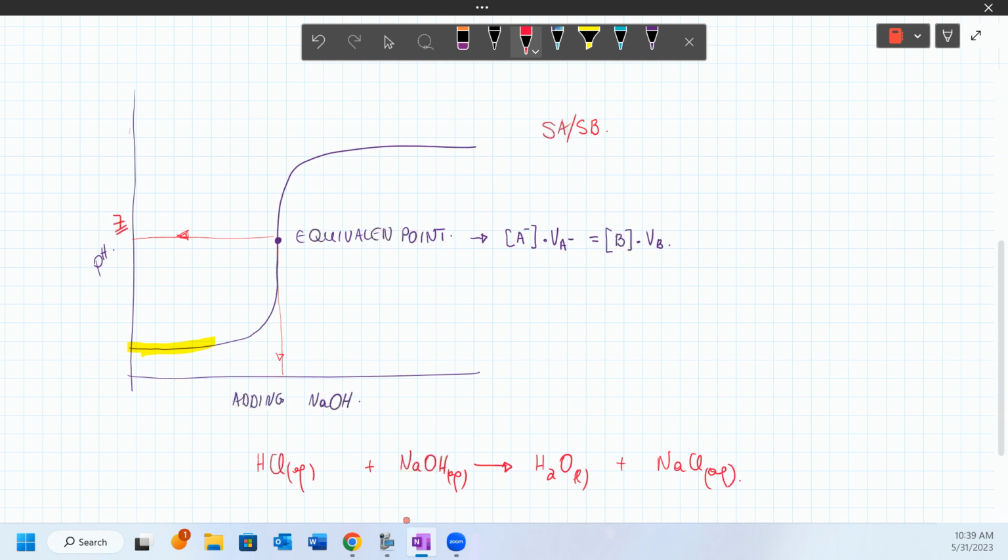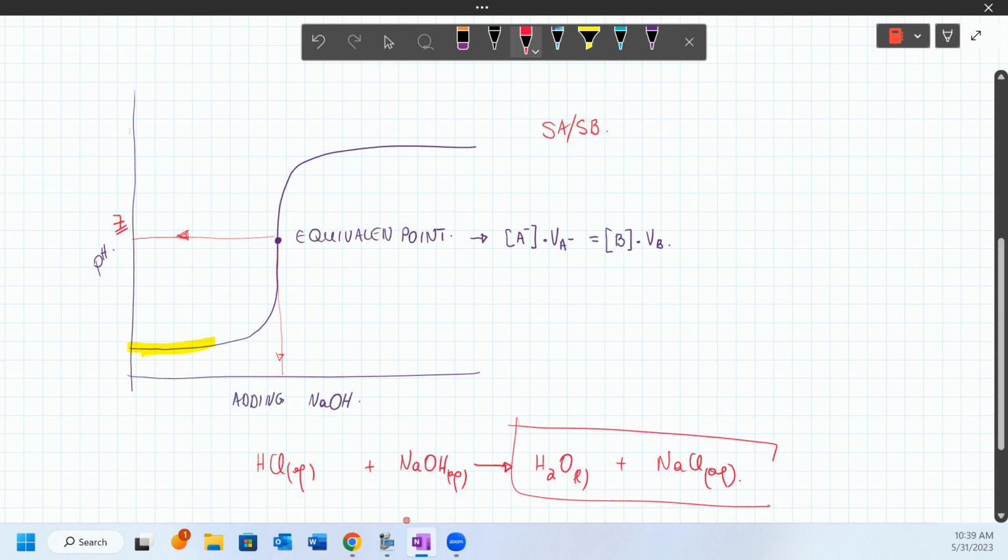None of those products affect the pH, because the pH is affected by the concentration of hydronium, H3O plus, or proton, because it's the same thing, and the concentration of hydroxide, OH minus.